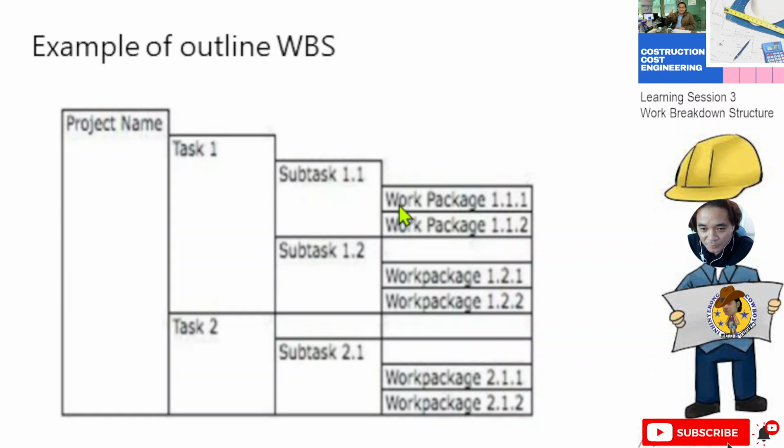What are the others? You have, let us see, soil poisoning for your foundation. Then we have, let us say, concrete works, meaning this WBS includes all the concreting works on the project. Under that, what are the activities of the concreting works?